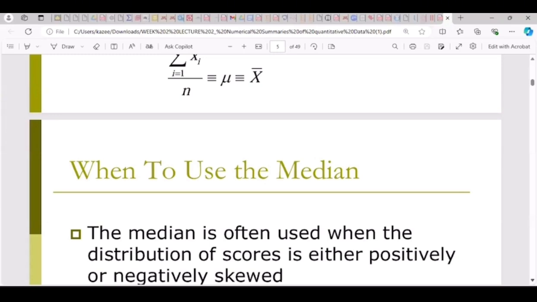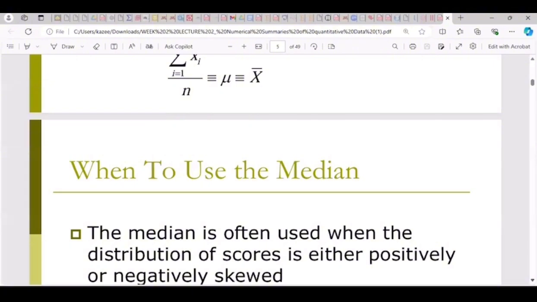When I draw my histogram and the curve is normal, I can use mean, I can use median, I can use mode, because they're all going to be the same when the data set is normally distributed. But the best among them is mean.